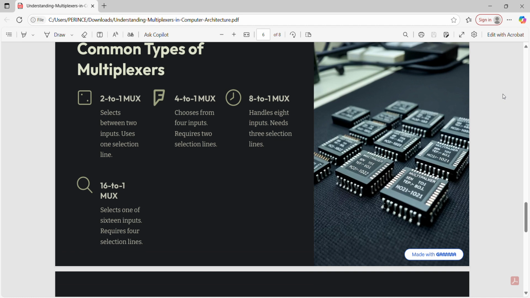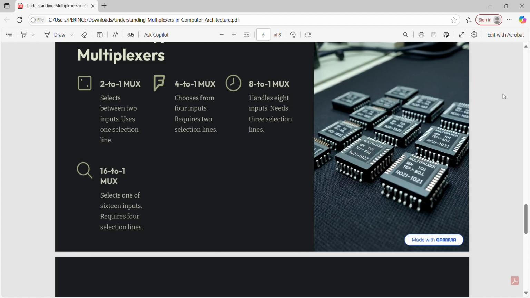So the 2-to-1 multiplier has two inputs, then you choose one. For the 4-to-1, you have four inputs, then you choose one. 8-to-1, eight inputs, you choose one. 16 inputs, then you choose one.